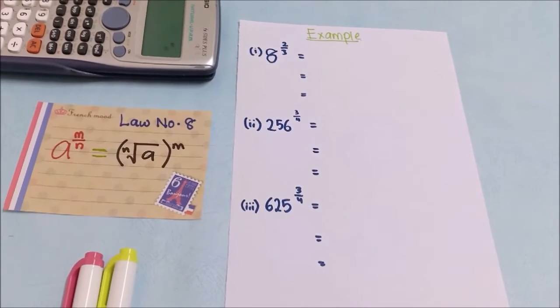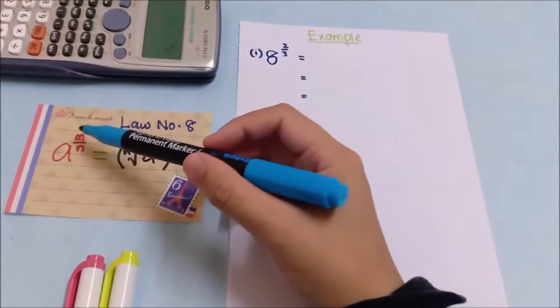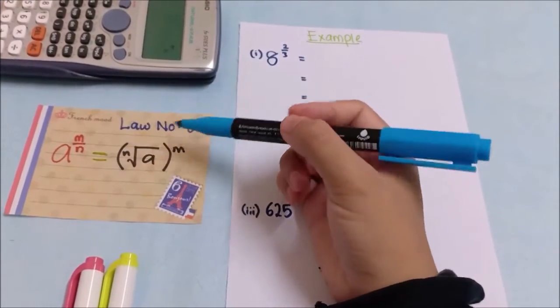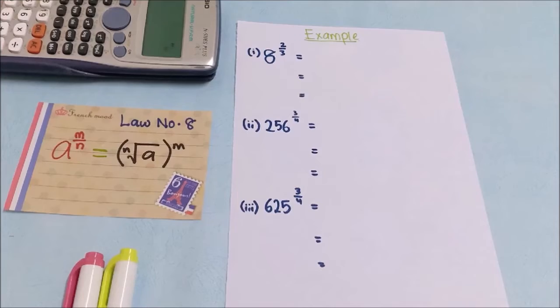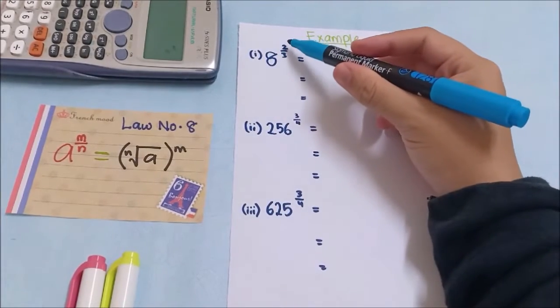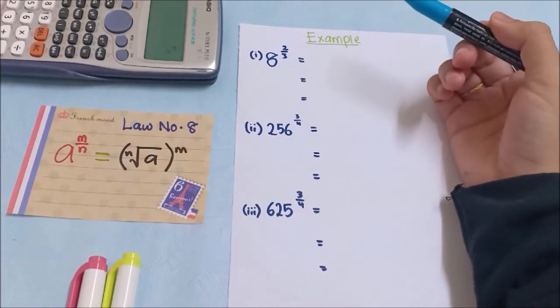For law number 8, a to the power of m over n equals the n-th root of a in brackets to the power of m. Let's look at some examples. 8 to the power of 2 over 3.